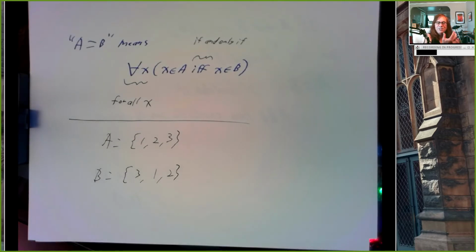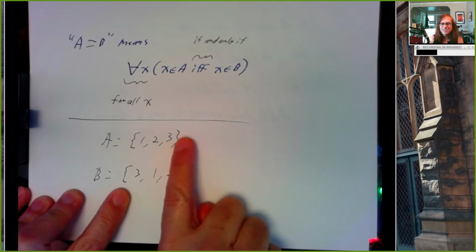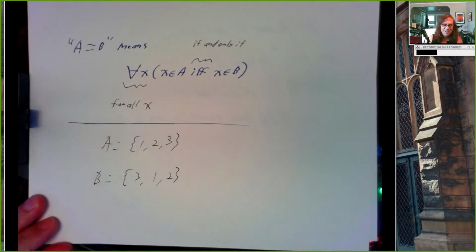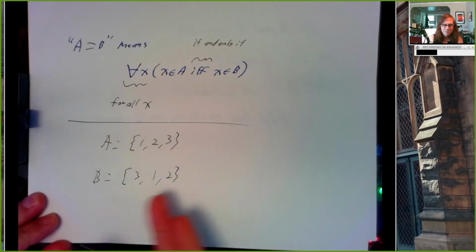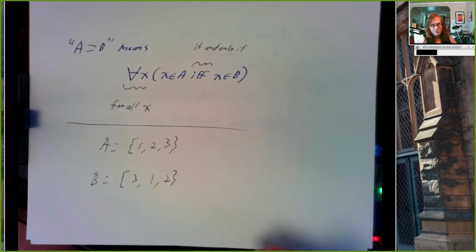And this is where the unordered part comes in. 3 is listed first here, it's listed last here. Makes no difference. The only thing that matters to a set is which elements of the universe belong to the set. Well, the numbers 1, 2, and 3, the numbers 1, 2, and 3. So yeah, A and B are equal, even though I've chosen to write them in a different order.